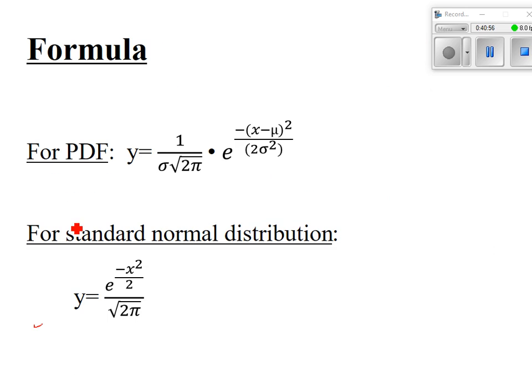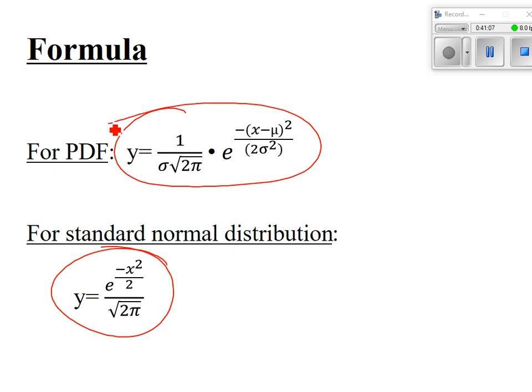The formula for a standard normal: if we were going to graph this on graph paper, for the normal distribution it's that, for standard normal it's that formula, which, even though it's not easy, is a whole lot easier than that one.